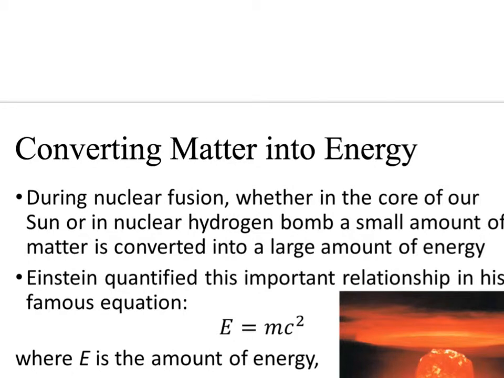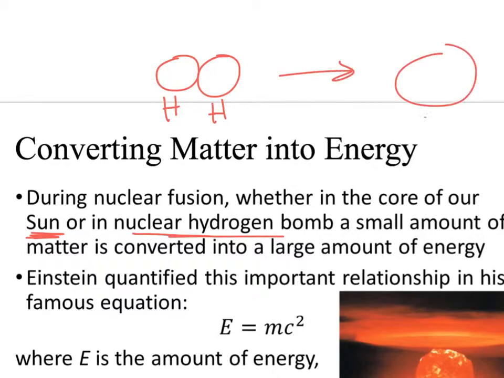So speaking of high temperatures in our sun's core, what stars like our sun are doing is very similar to what was done in a nuclear hydrogen bomb. We'll talk more about this, but they are taking atoms, and in the case of our sun, hydrogen atoms, smashing them together and getting a heavier atom.